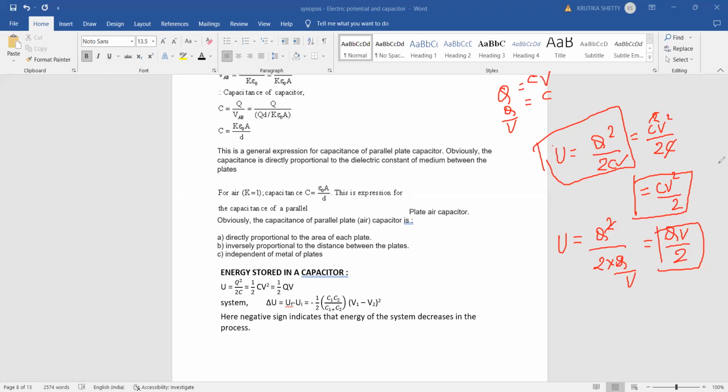Okay. So let us see the derivation, how to derive this. Whenever we derive energy stored, remember that in physics an energy stored derivation always starts from the work done.